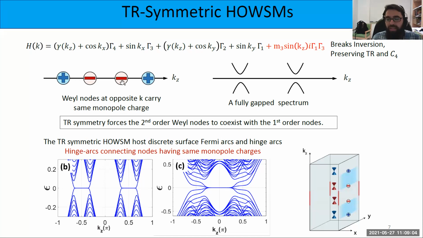The reason is that as opposed to the surface, where these Fermi arcs are two-dimensional and carry chirality, these on the hinge are perfect flat bands and they don't carry any chirality. So they can connect two nodes of the same monopole charge without violating the chiral charge. That's also another very different intrinsic property of higher order Weyl semimetals.